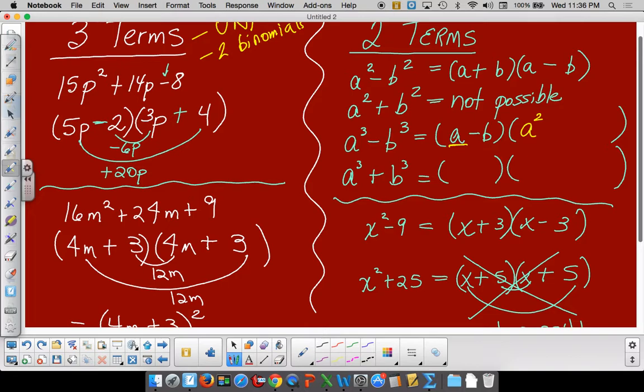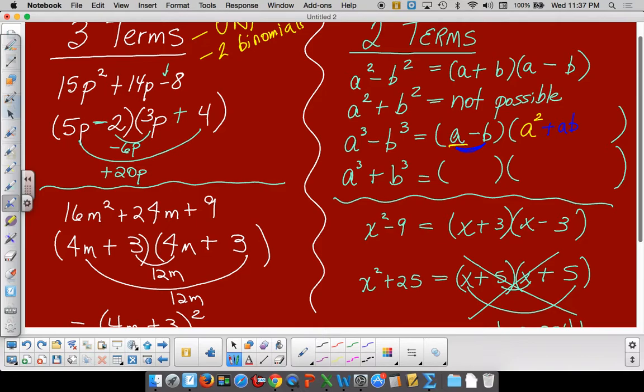So you square the first term, then you multiply the two terms you wrote down, the a times the b. But you always have to do the opposite sign. So if this was a minus, that will be plus a times b. And then you square the last term.